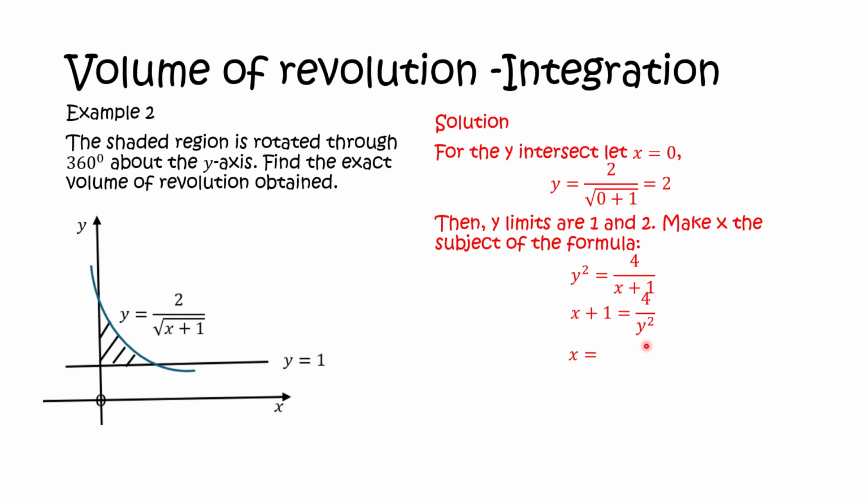Then moving the 1 to the other side, x becomes 4 over y squared minus 1. That is our x. Therefore, our x squared, when we expand that, we are going to get 16 over y to the power 4 minus 8 divided by y squared plus 1. So we now move on to integrate.